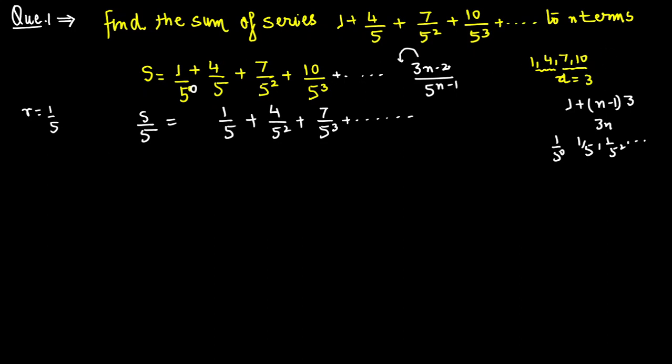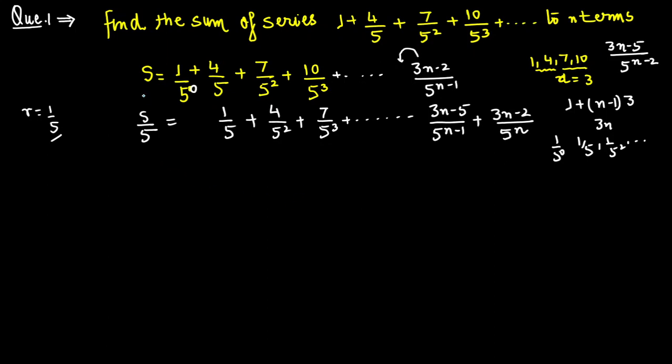So subtracting 3 from the AP term, we get 3n minus 5, and the GP term will be 5 to the power n minus 2. When I multiply with 1 by 5, it becomes 3n minus 5 divided by 5 to the power n minus 1. And this term gets shifted: 3n minus 2 over 5 to the power n minus 1, when multiplied by 1 by 5, becomes 5 to the power n.